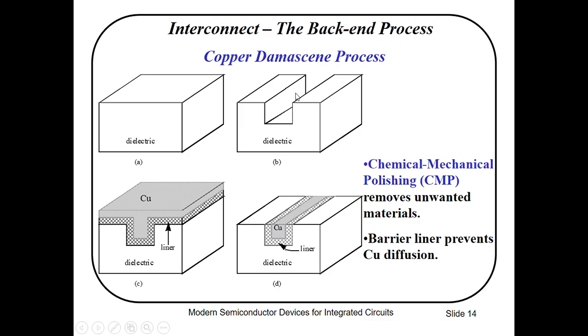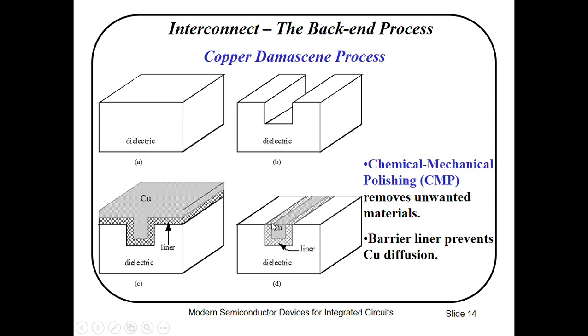So here we have this dielectric etching, and in C, deposit a liner film and then deposit Cu. And in D, polish away excess metal by CMP. This CMP is chemical mechanical polishing. It removes unwanted materials.